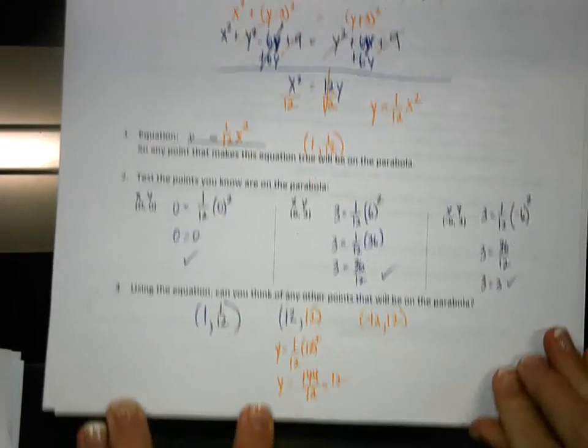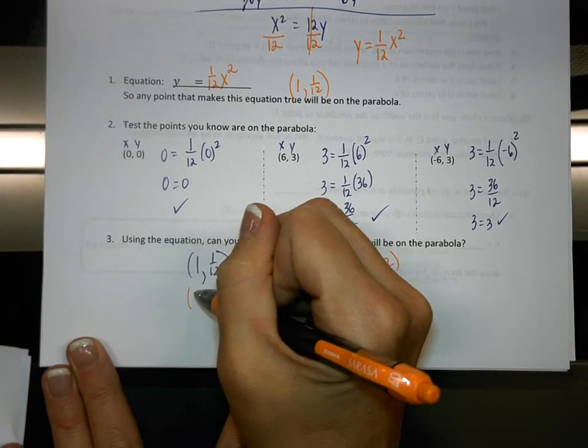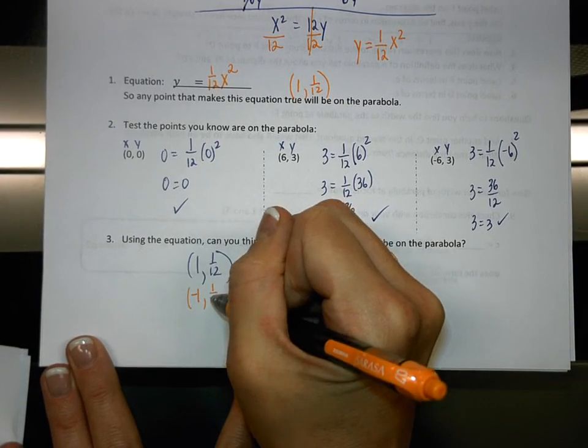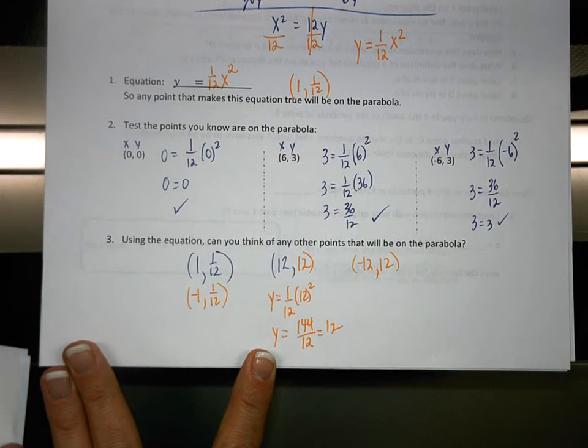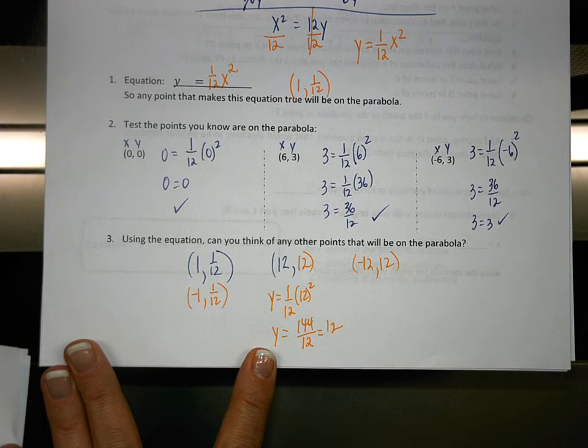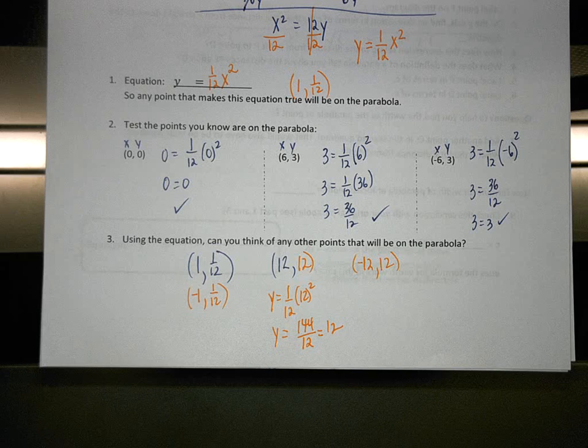So that means there would be one at negative 12, 12 as well. Okay. Yes? Were you okay with this? All right. We are going to stop at this point for today.